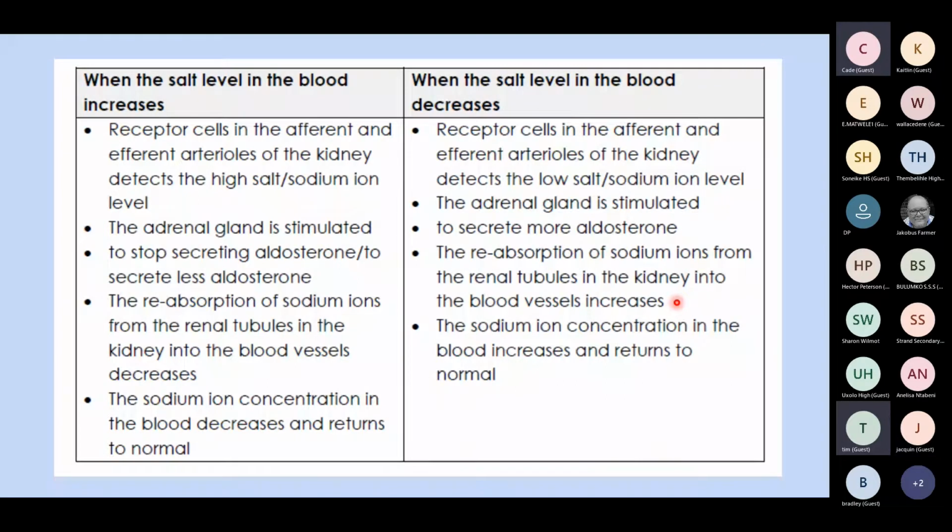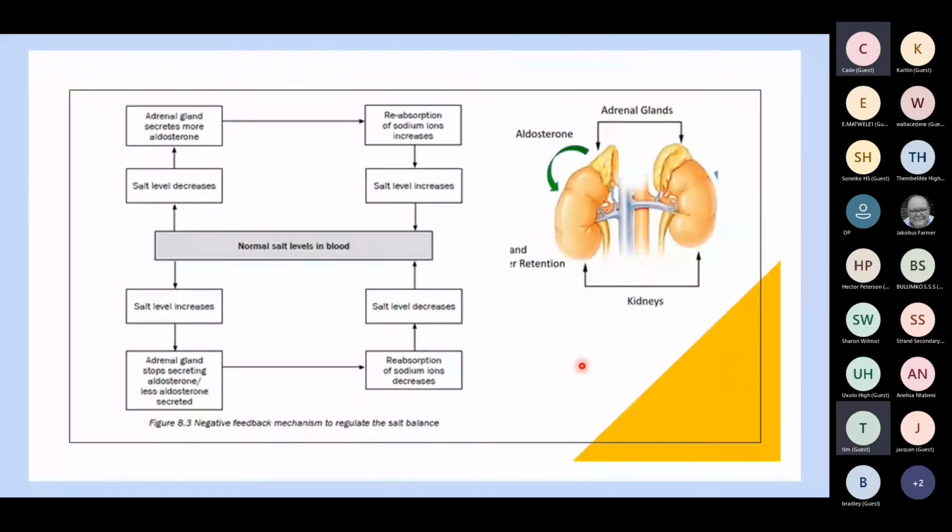Again, in your mind, you will find this diagram. And my hint to you, grade 12, is to always visualize what is happening. The receptor cells of the kidney will detect any imbalance. But which gland is stimulated? There you see the adrenal glands, they are stimulated.